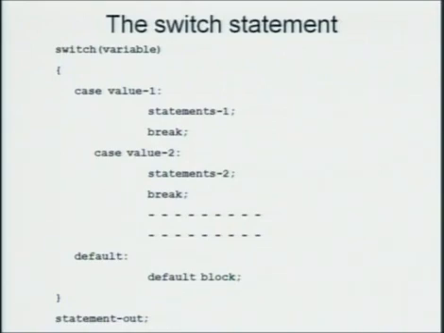If it matches value 2, then the statements after value 2 will be executed. And if it does not match any of the values given in the cases, then the default block will be executed.